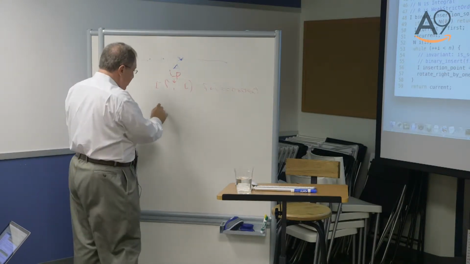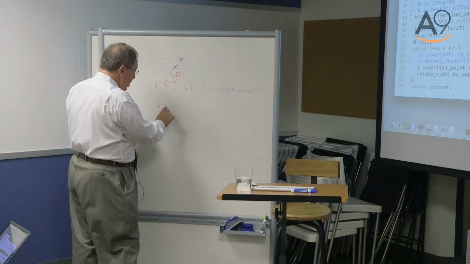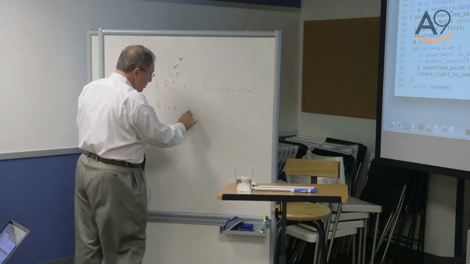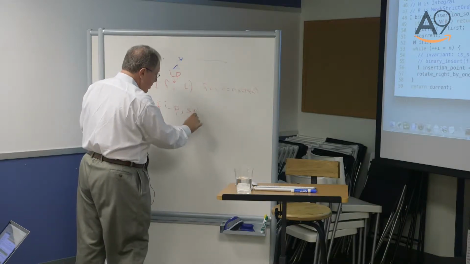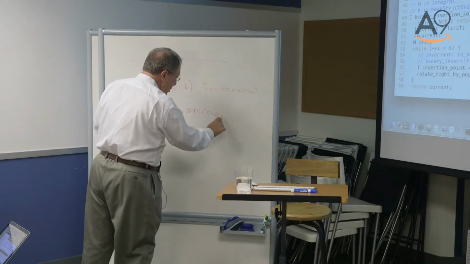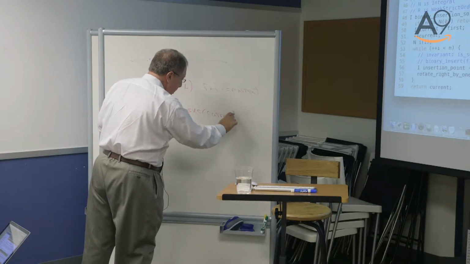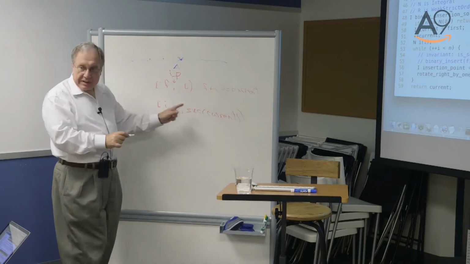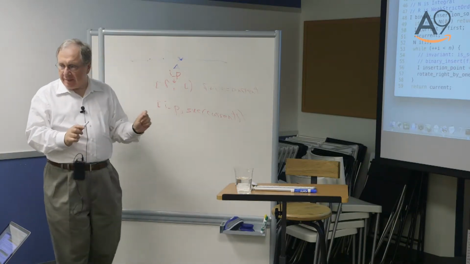So we need to take the range I insertion point and successor of current, and rotate it by 1. Somehow everybody agrees?